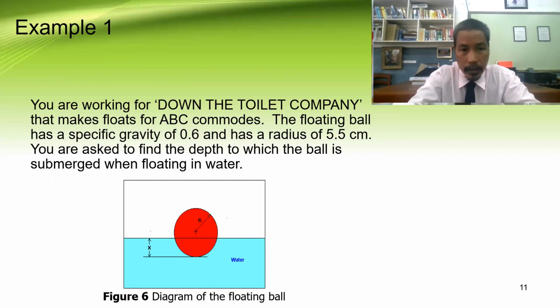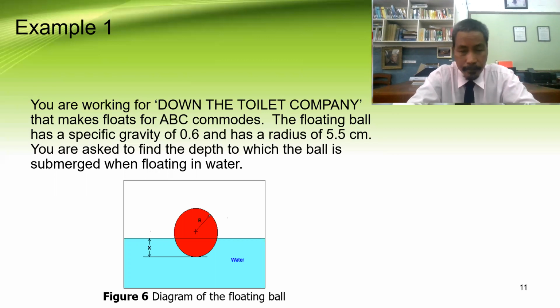Okay, for example, here is an example. Down the Toilet Company makes floats for ABC commodes.